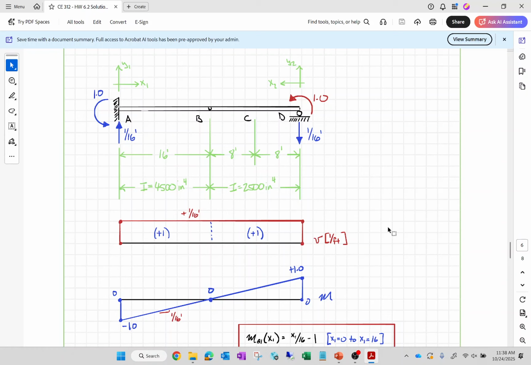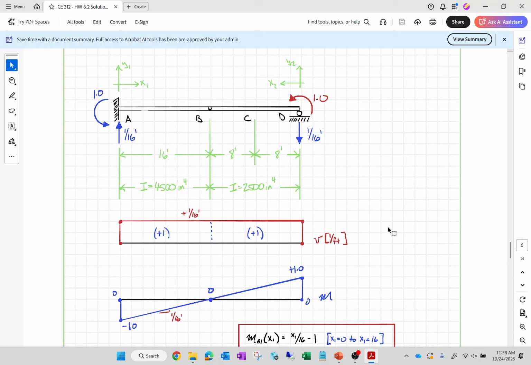keep in mind the only load on this structure is that moment, okay? So if I cut a section at the hinge and look to the right, here's my structure, here's the reaction, I have my moment of 1 right there, here's where I'm cutting the section, there's my shear, okay?